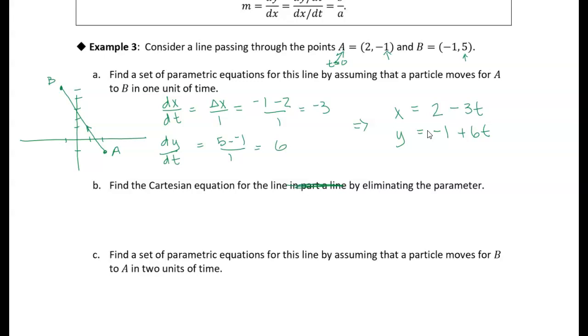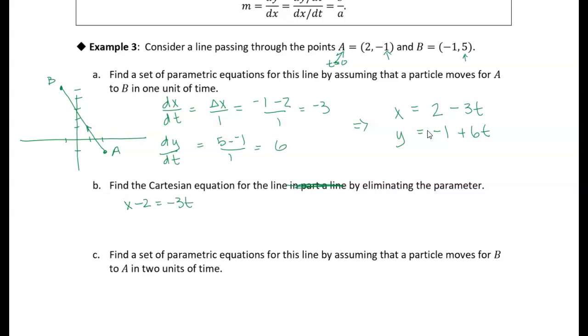So we're just gonna take our parametric equations for the line, and we're going to try and rewrite them so that we have an explicit equation for y in terms of x. We're gonna do that just by rearranging. We'll start by rearranging the x equation and solving for t. So I'm gonna get x minus 2 equals minus 3t.